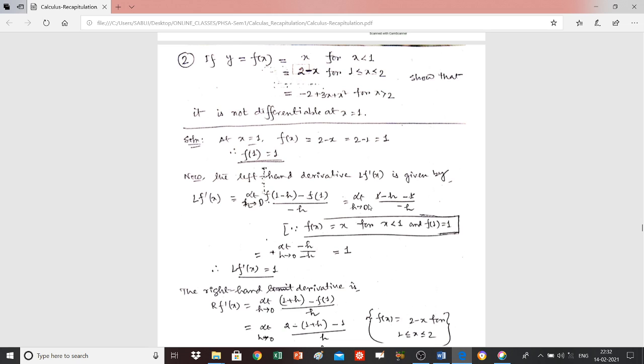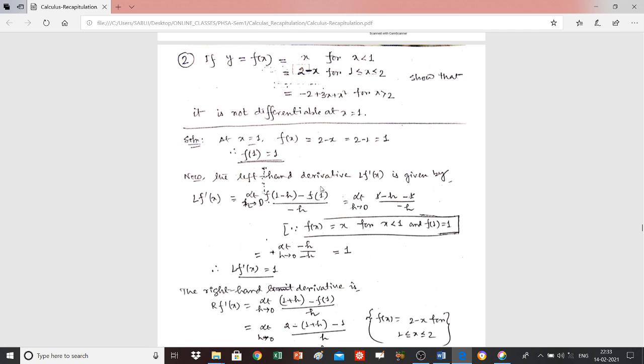Just see here, since h tends to 0 and you are calculating this for the point x equal to 1.